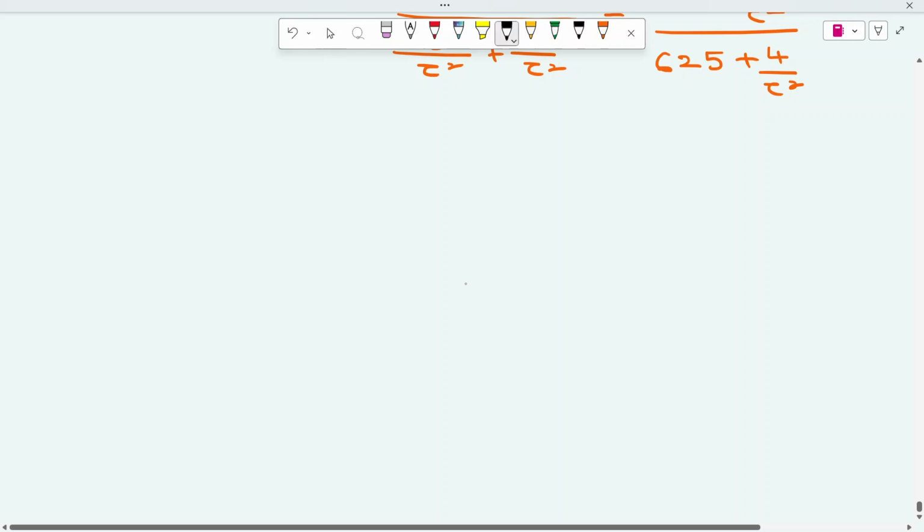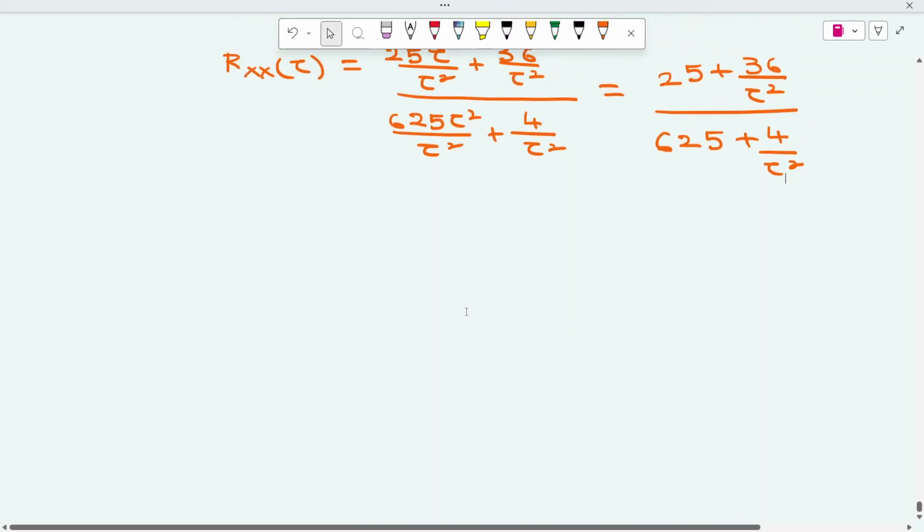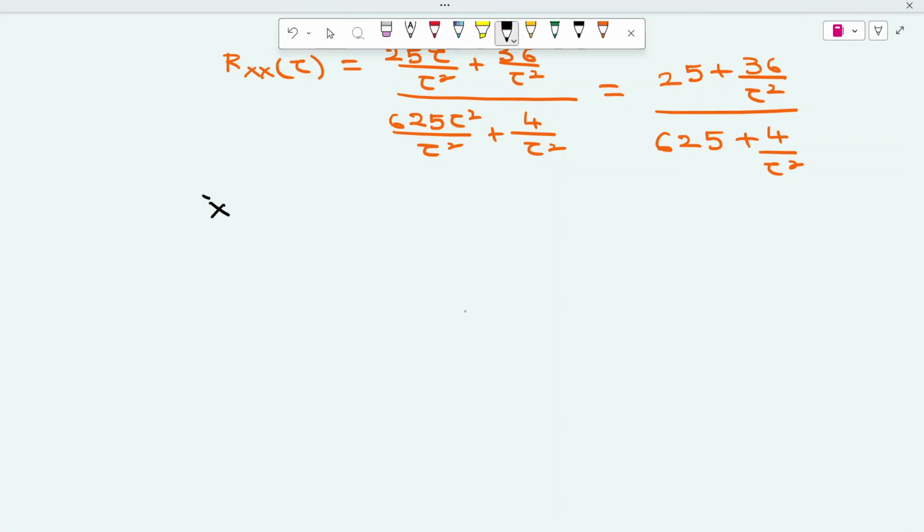So what is the property that we have? We can get the mean value square by simply taking the limit of Rxx of tau as tau tends to infinity.